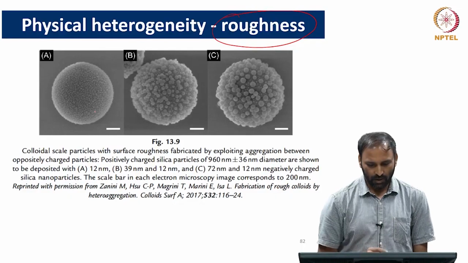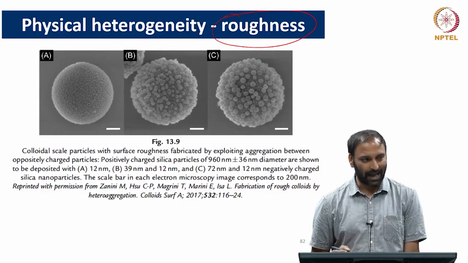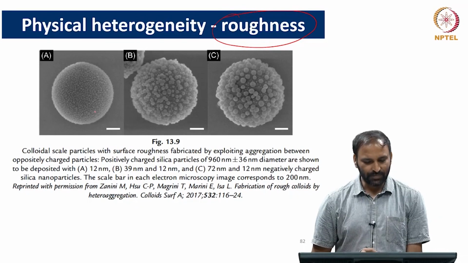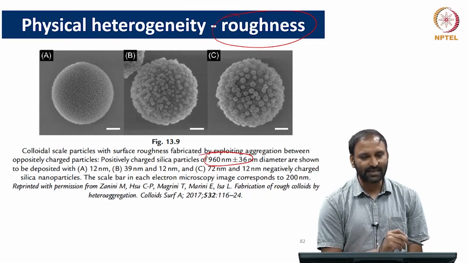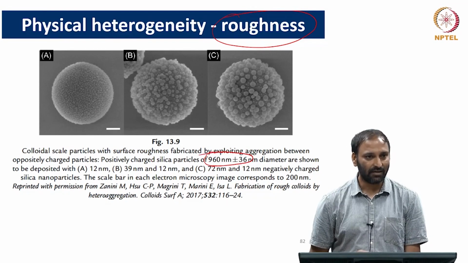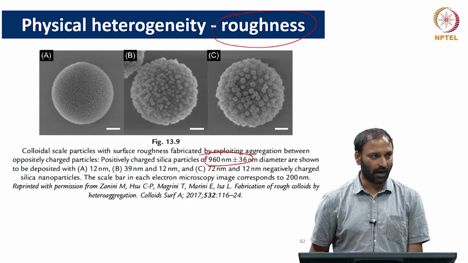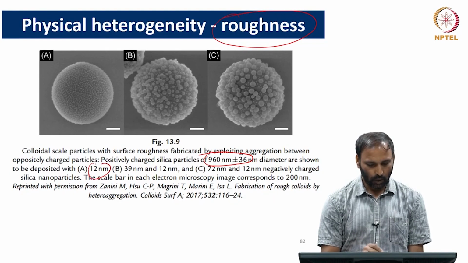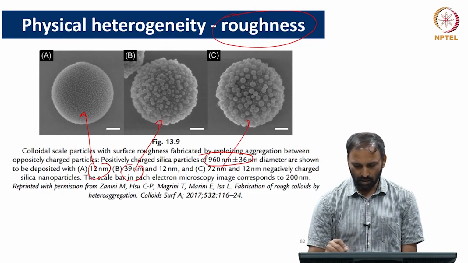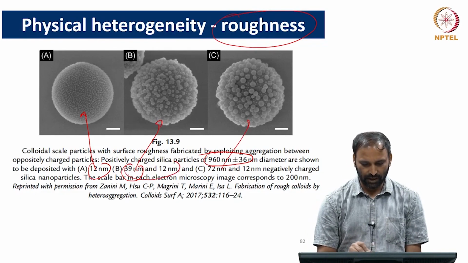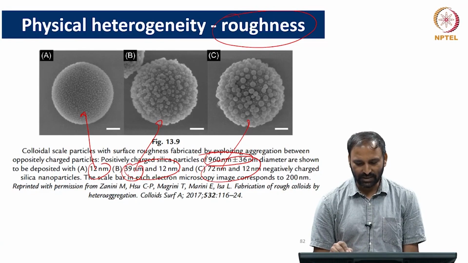What you are looking at is a nice example where they have taken 960 plus or minus 36 nanometer size particles, large particles. They are put into a solution which has 12, 39, or a mixture of 39 and 12, and 72 plus 12.